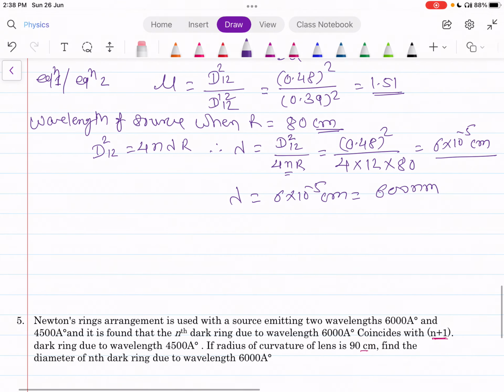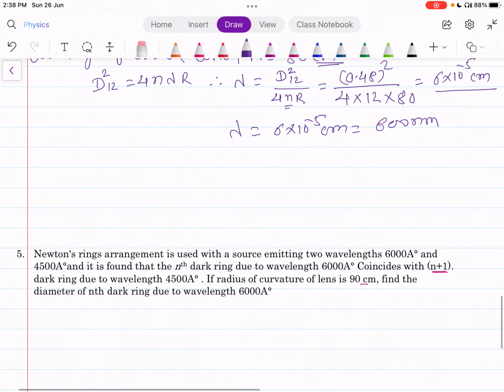Let's see numerical number 5. Let's read it. Newton's rings arrangement is used with a source emitting two wavelengths, 6000 angstrom and 4500 angstrom. Two wavelengths are given here. Lambda 1 is 6000 angstrom and lambda 2 is 4500 angstrom.